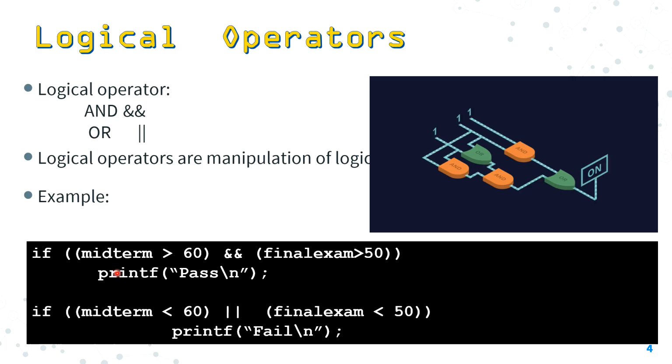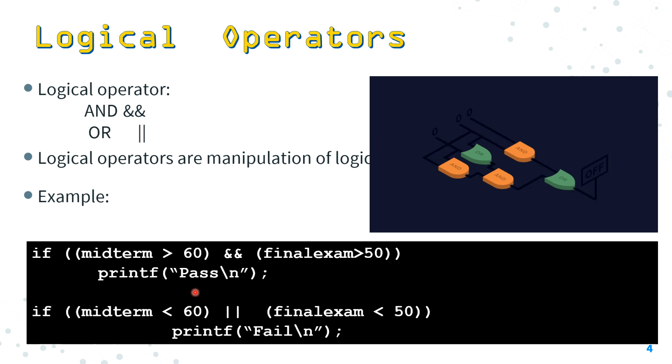If midterm is greater than 60 and final exam is greater than 50, then the print function with the string pass inside the brackets.